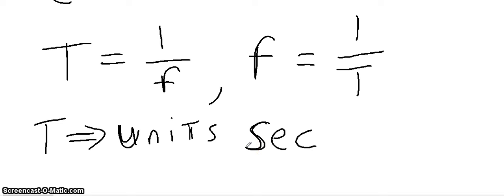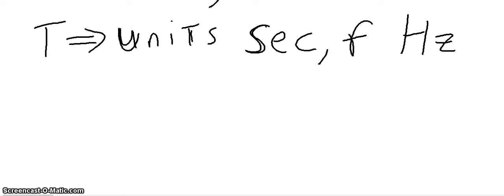Okay, and if you look at the frequency here, you would think that the units for frequency would just be 1 over seconds, and of course you'd be right, but we call 1 over seconds, or cycles per second, it has a special name, and so the units for frequency F are called hertz, capital H, lowercase z. So those are the units that we use.